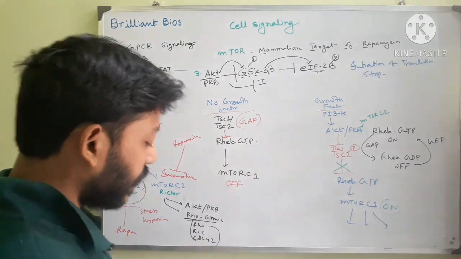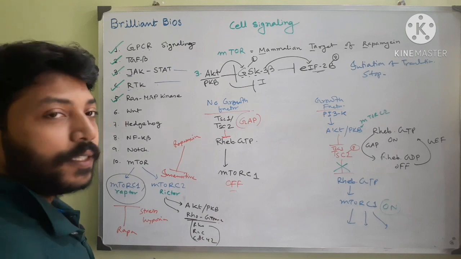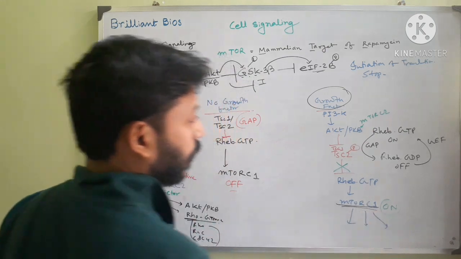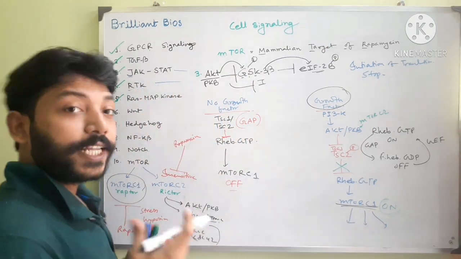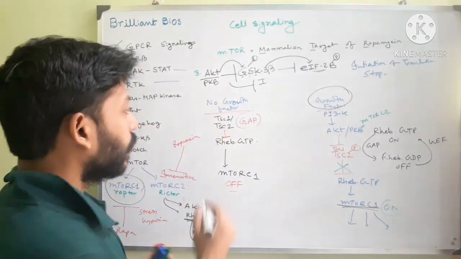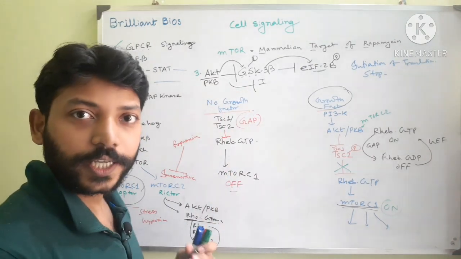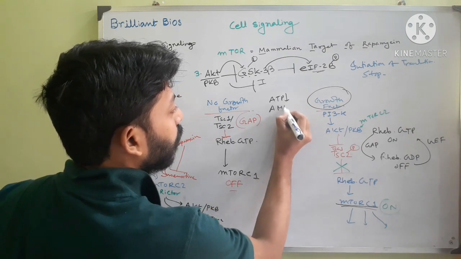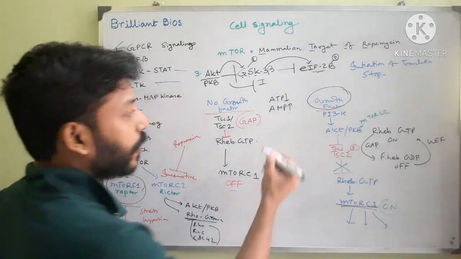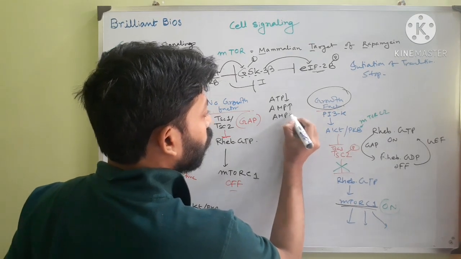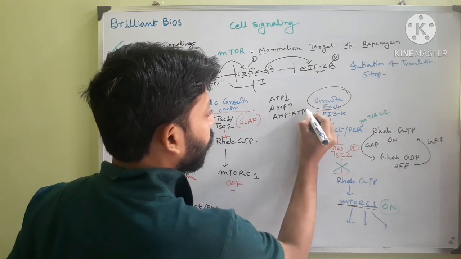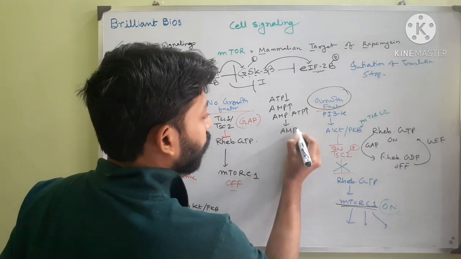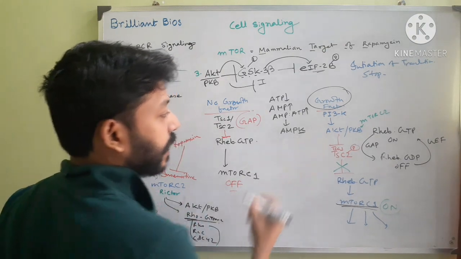Okay, another thing I want to mention here, that the cell can sense the growth factor by activating mTOR C1. Also, the cell can sense the energy. How? When the energy is low, then ATP concentration is low, but AMP concentration gets high, and when the AMP to ATP ratio is very high, then a protein called AMPK, a kinase, gets activated.